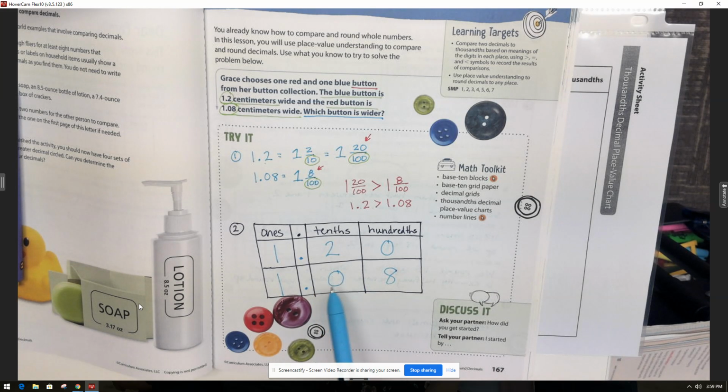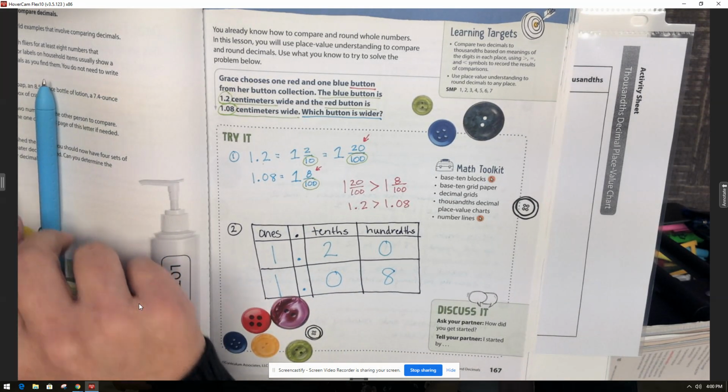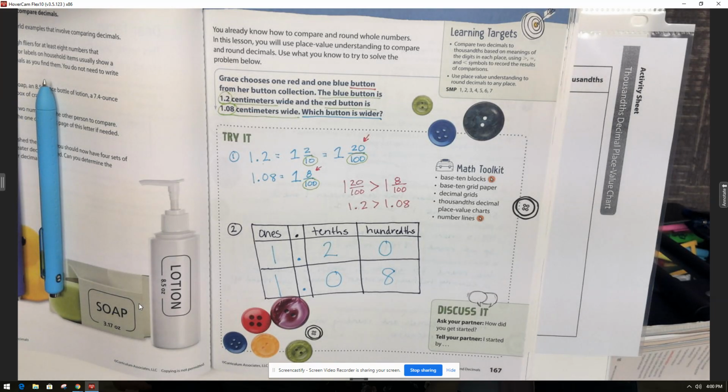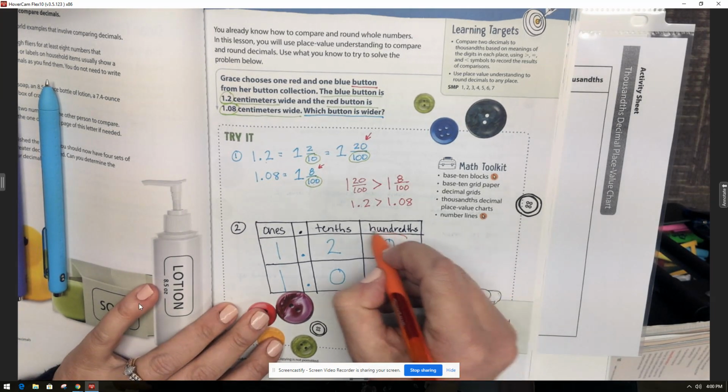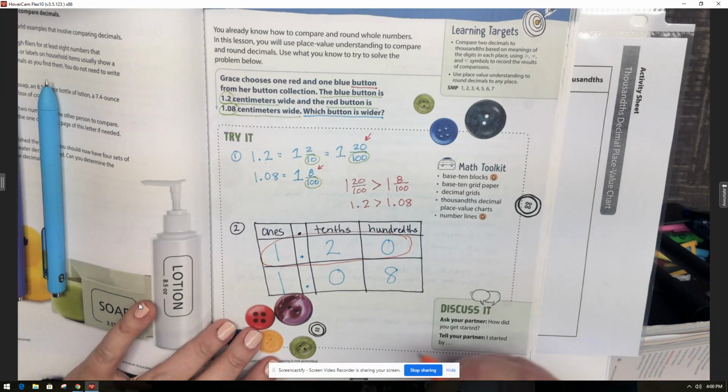And so now if you don't like just going over from place to place, now we can look at what number comes after the decimal. Up here, we have 20/100, and here we have 8/100. So we know without a doubt that 1 and 20/100 is greater than 1 and 8/100.